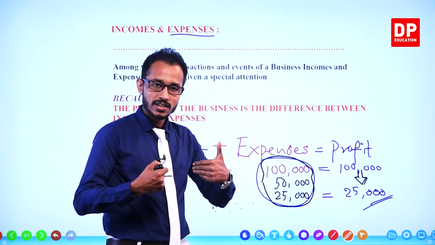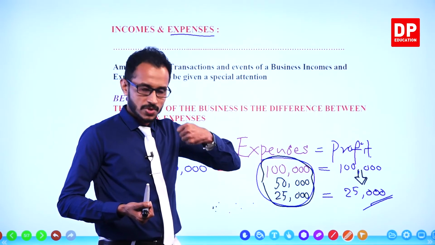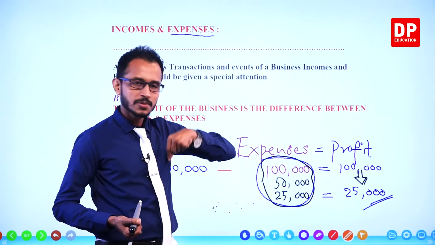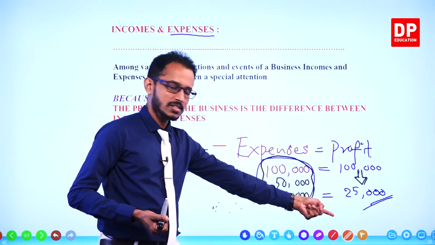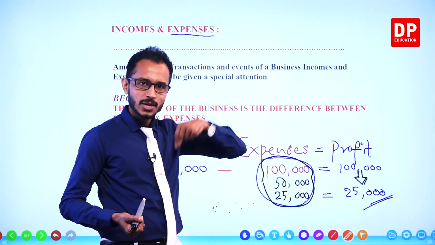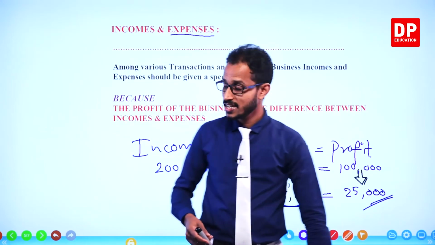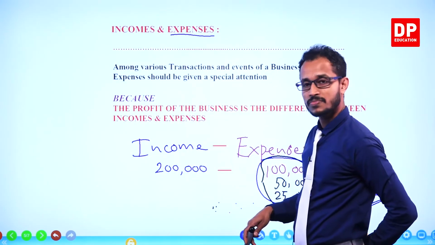Profit belongs to the owner. Profit gets added to my funds. Profit comes to my pocket. So more expenses means less profit, less equity. On the other side, we have incomes.